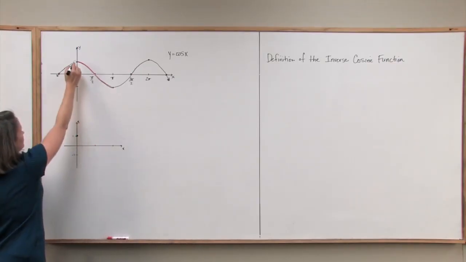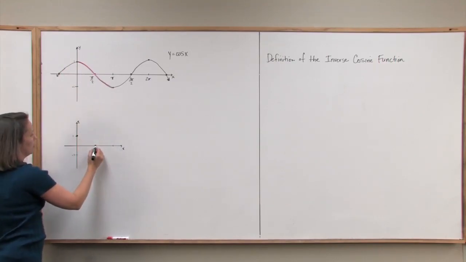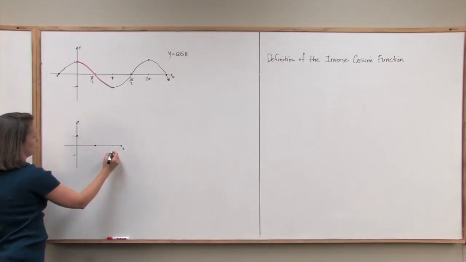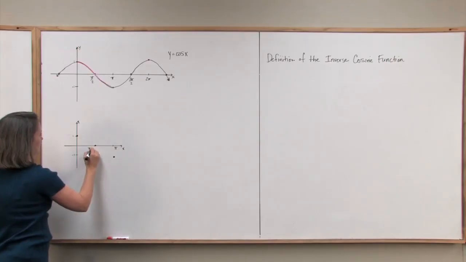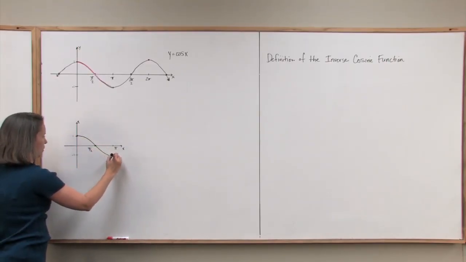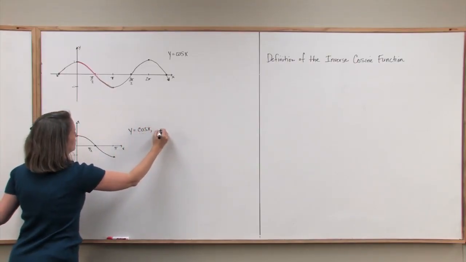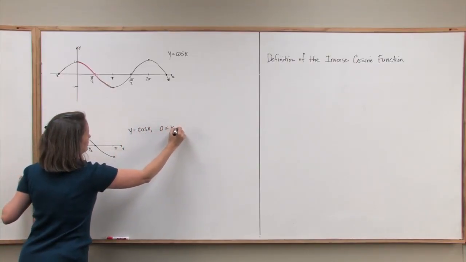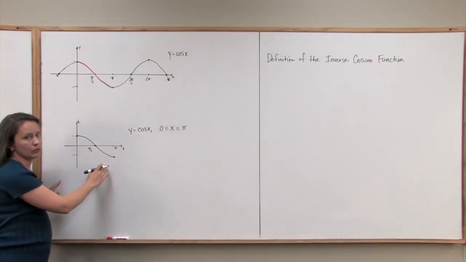We have the point 0, 1, pi over 2, 0, and this one is pi, negative 1. We're going to draw our cosine curve here. This is the function y equals cosine x, 0 less than or equal to x, less than or equal to pi. And we see that it is in fact a one-to-one function.